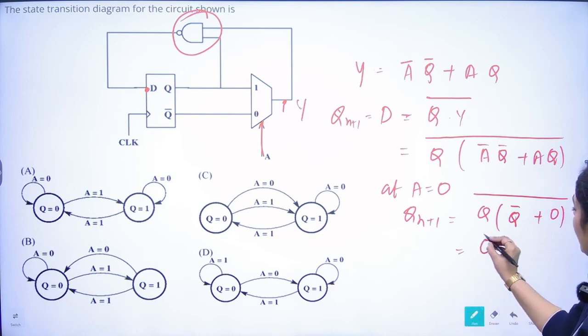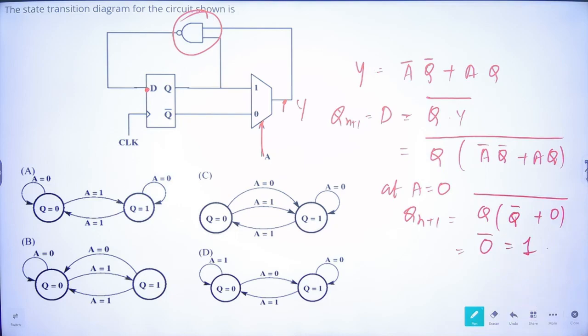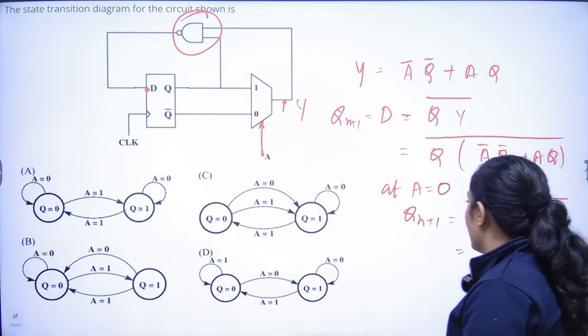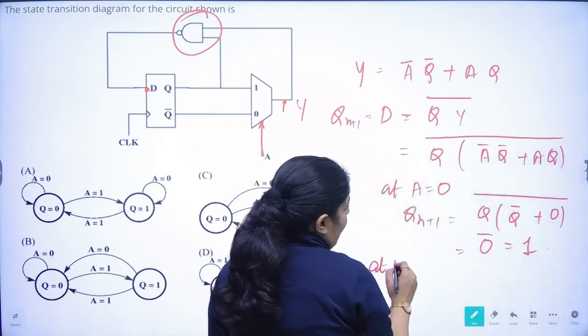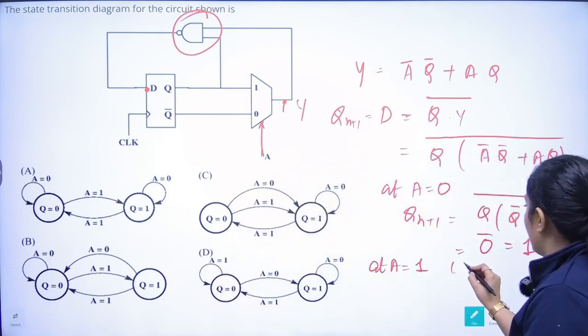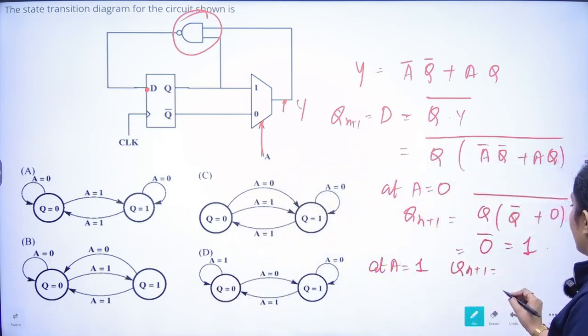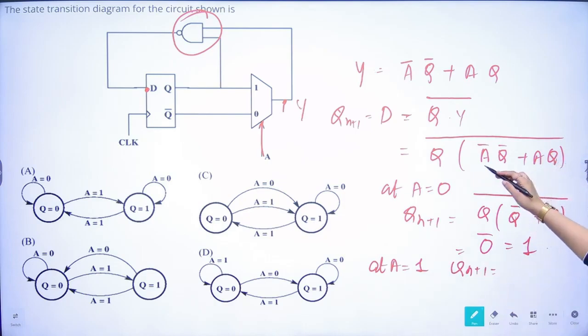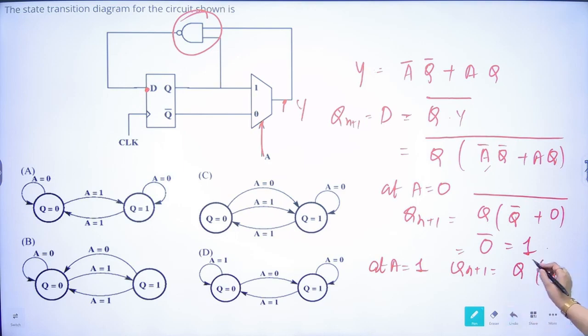So 0 bar will be equal to 1. And next, when A is equal to 1, this will not be there. So Q plus Q into Q, and that will be whole bar. So Q into Q will be Q, and Q bar will be there.